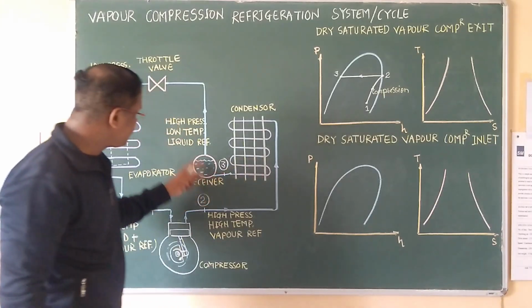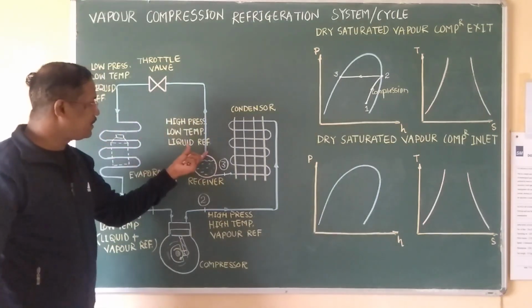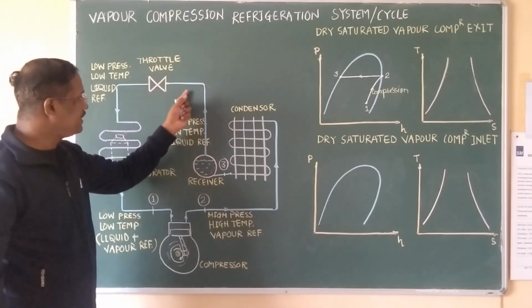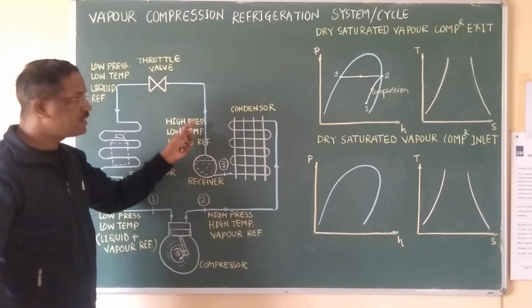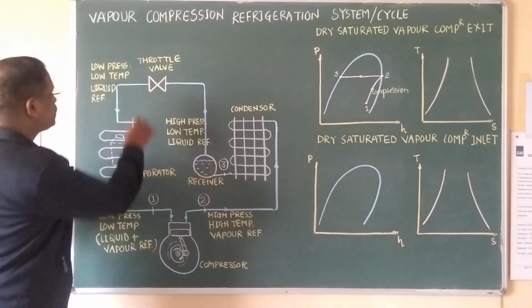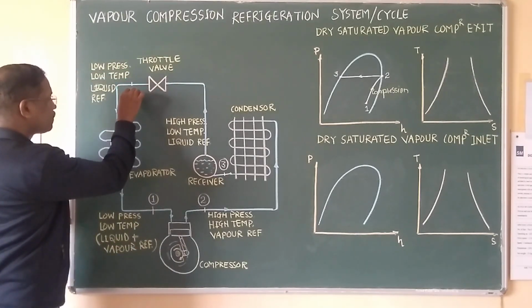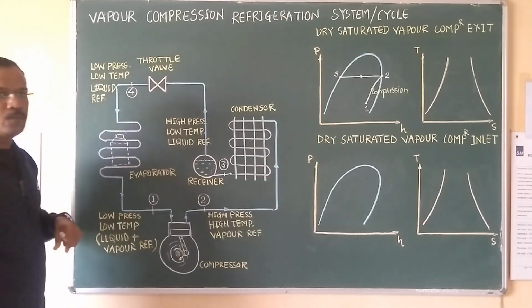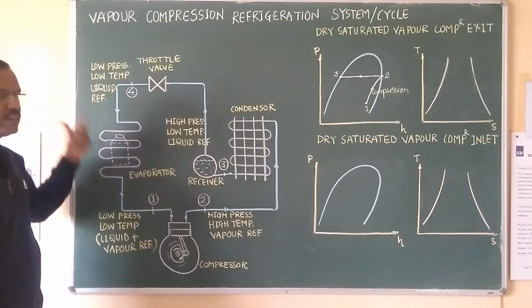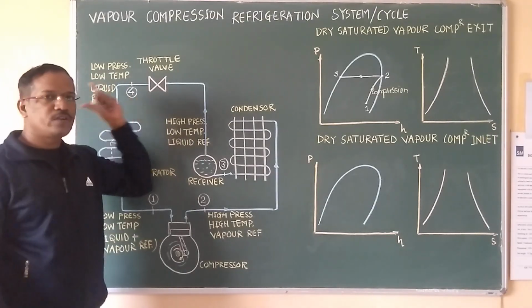Next, after 3, which has this property, it is supplied to the throttle valve. So obviously the throttle valve inlet is point 3. After throttling, again the property gets changed. So this is point 4. Point 3 has this property, and point 4 is low pressure, low temperature liquid refrigerant, and this is due to the throttling operation.